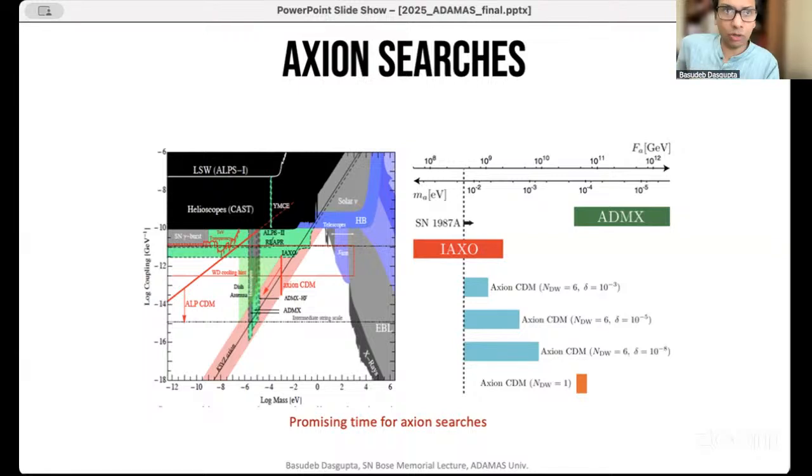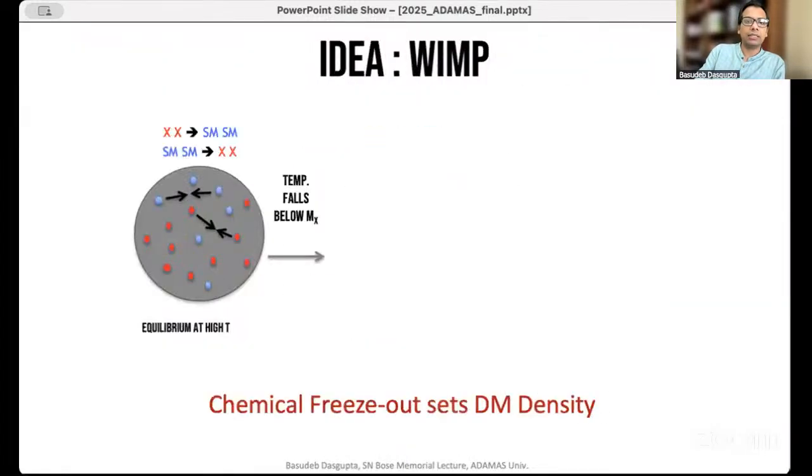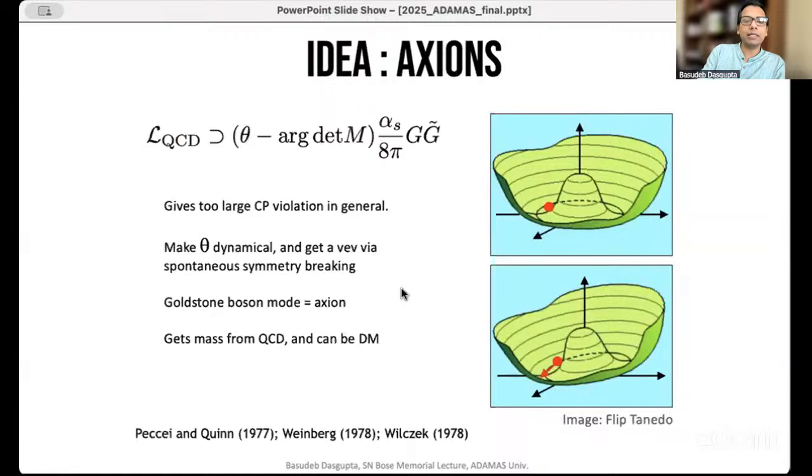So let me go back a little bit. The way axions are connected to QCD has to do with the theta term in QCD, a term that actually violates CP, the anomaly. So let's put it this way.